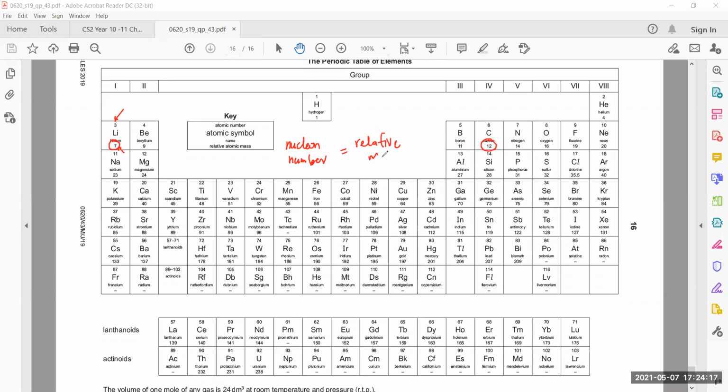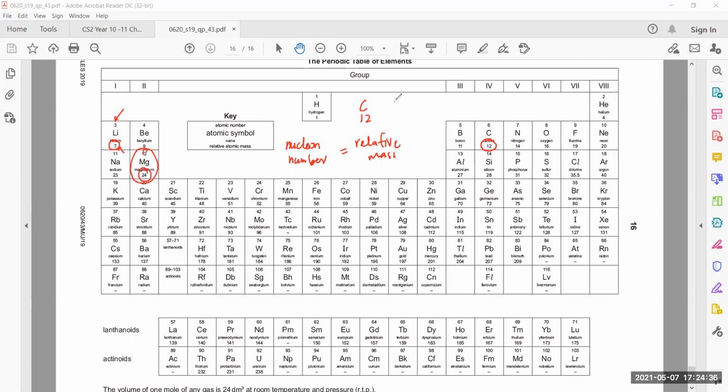That means it's a measurement of mass relative to everything else. So look at this, carbon is 12. And then if you look here, magnesium is 24.